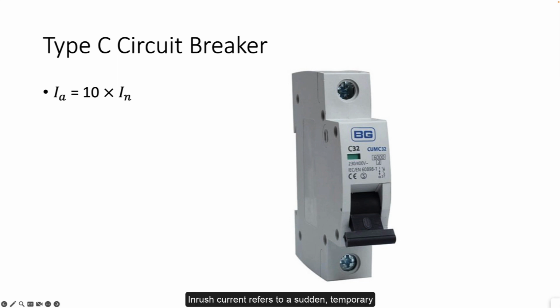Inrush current refers to a sudden and temporary increase in current that can occur when electrical equipment with motors or fluorescent lights is activated.